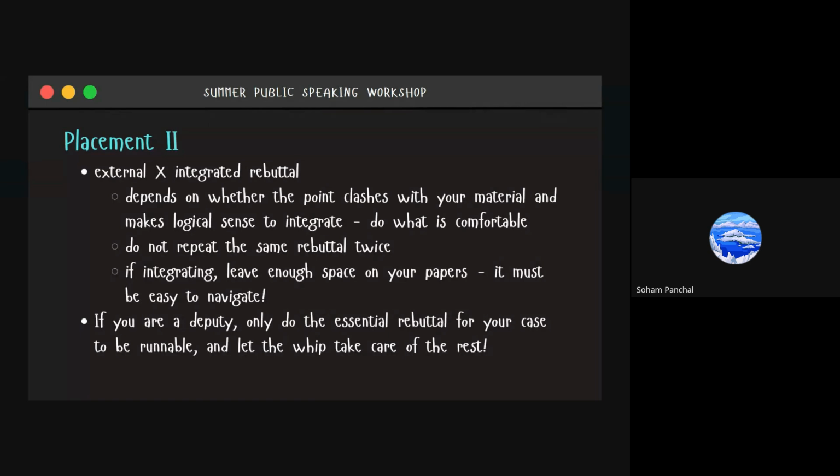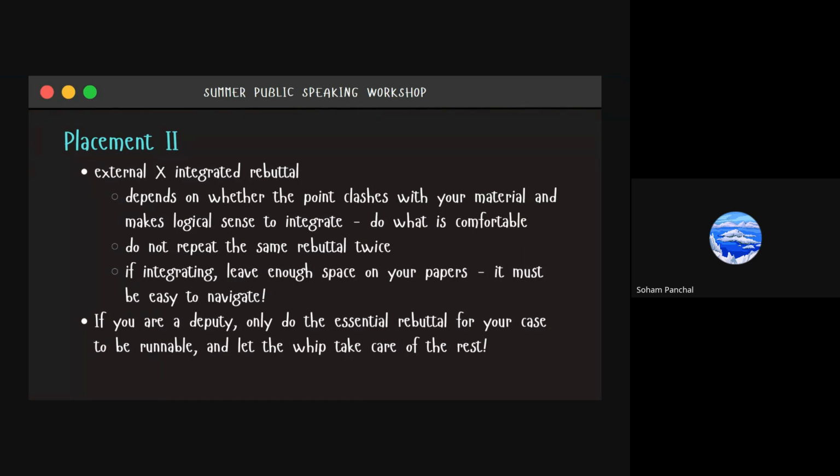It becomes easier for you to include all your own points, because as a deputy, the whip cannot come up with new points and new arguments, so it is a huge responsibility on the deputy to put out all the points.